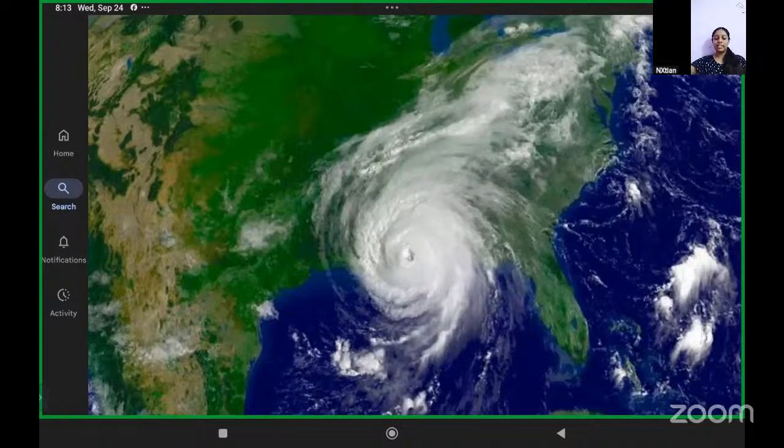Now, what happens when this hurricane takes place? It brings along a lot of rainfall, cloud burst, thunder and storm along with it.